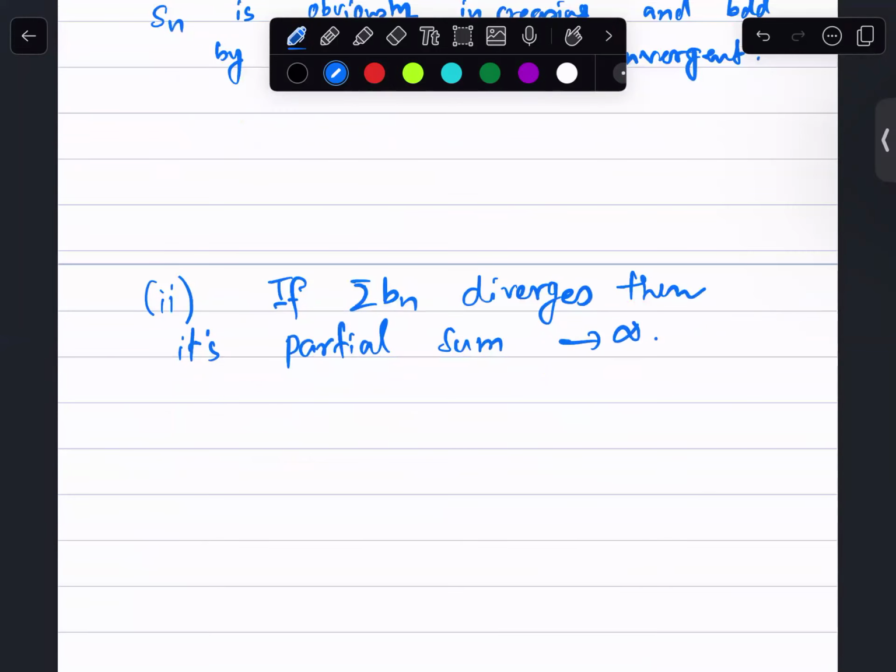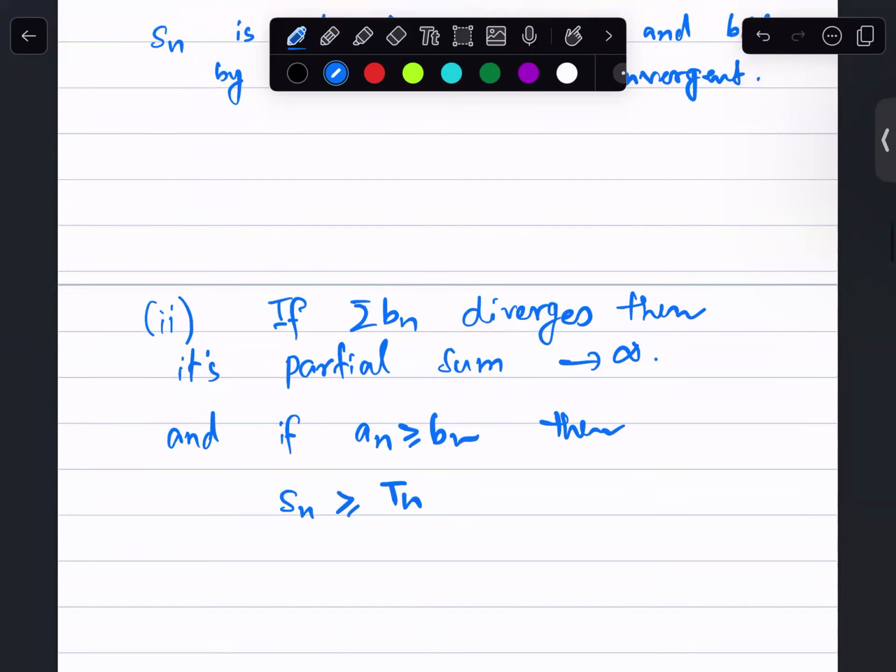Now, we also know that an is bigger than or equal to bn, so what happens? Sn is bigger than or equal to Tn, where Sn and Tn are the same as before. And this Tn is going towards infinity.